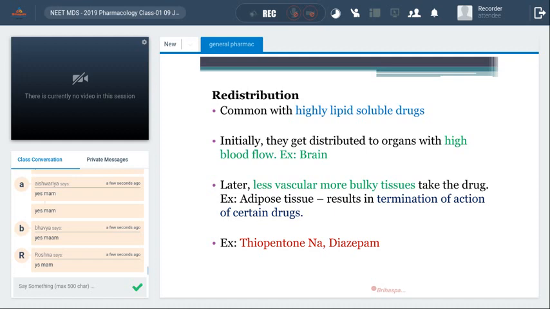What is the point of getting deposited in adipose tissue? It will not produce its general anesthetic effect. I want it to get deposited in the brain. So this results in termination of drug action. That is called redistribution. The best example for this is thiopentone. The other drug which also has this property of redistribution is diazepam. Okay, is this concept understood?